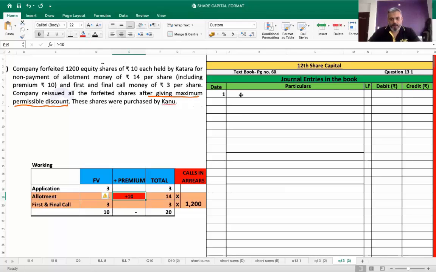Okay. Now equity share capital account debit, 1200 shares into rupees 10 per share, 10,000. Oh, sorry, 12,000.